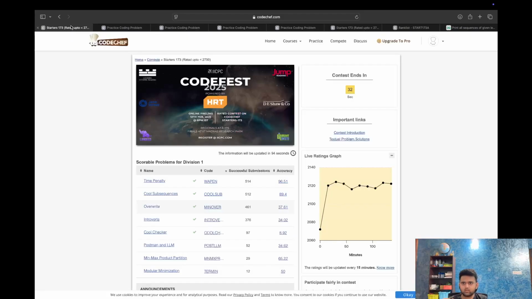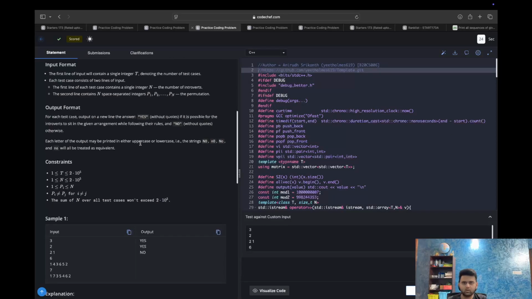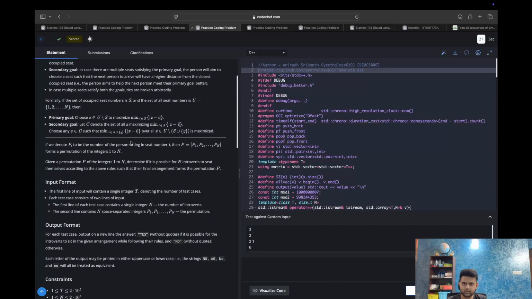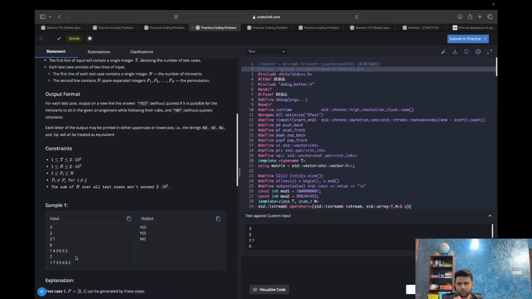Now what was D? D was interesting. I just guessed that maybe it's always optimal to only... after the first and second people have sat, it's always optimal for them to sit at the endpoints. It's optimal to check if the other people have sat in the seat that maximizes the primary goal, and my guess was the secondary goal would automatically be satisfied, and that turned out to be true.